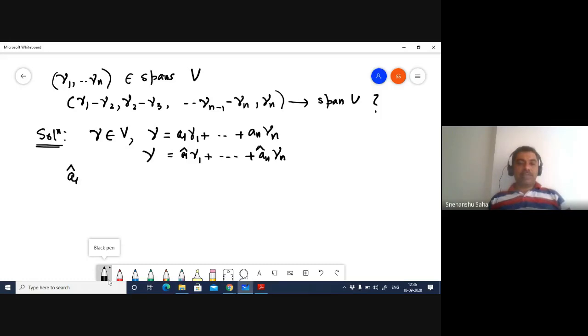It's actually easy to see that if you set these as A1, this as A2 minus A1, and this as just a telescoping sum, A3 minus A2, and so on.